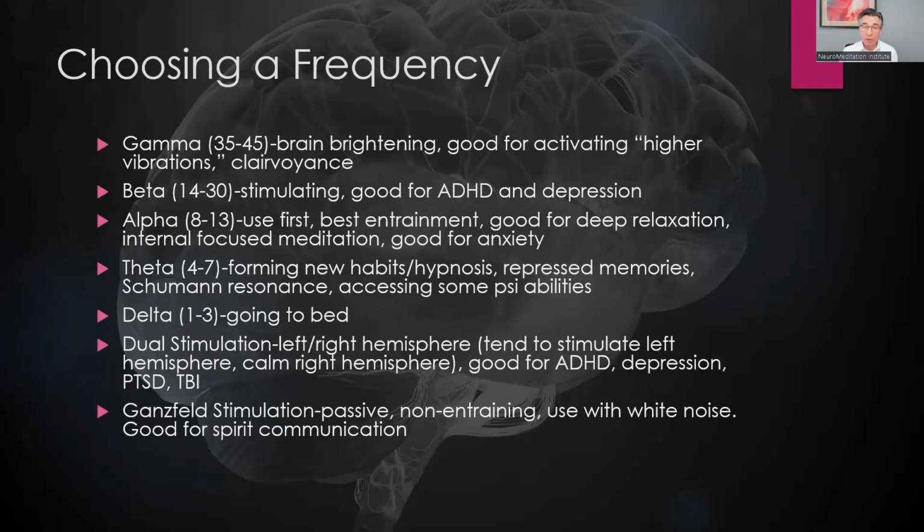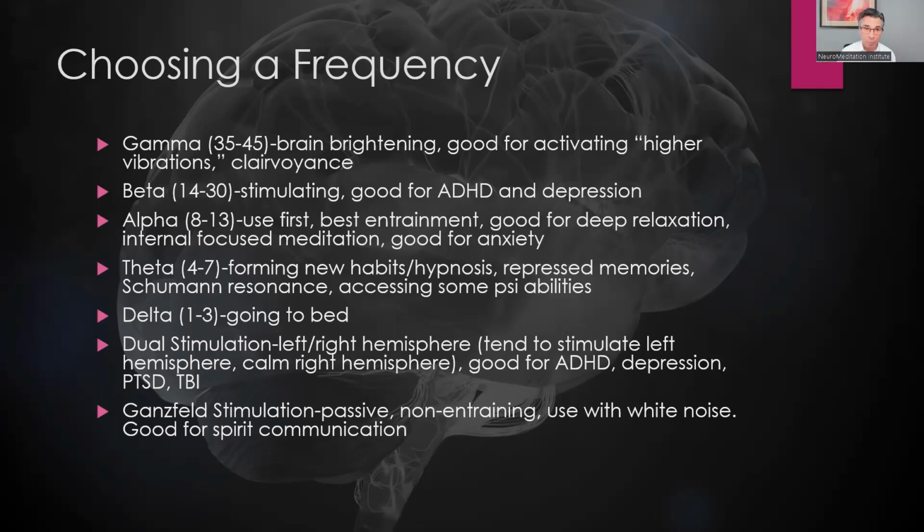But because of the other special qualities of gamma, where it can be involved in being in the flow state, as well as some of these psychic activities, because we see gamma a lot, especially with things like psychic readings, we may also be able to use gamma for engaging these higher vibrations.